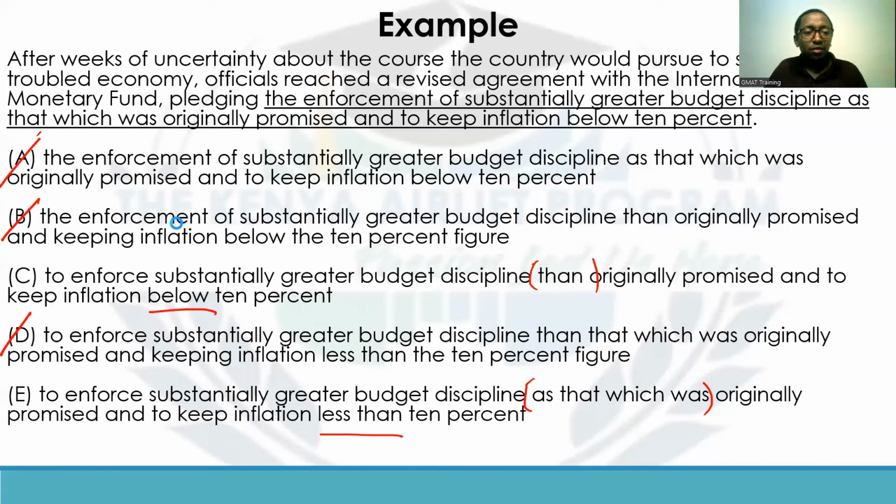So we could argue over below versus less, but that's not as important as this other part, because as much as this is okay, it's less concise than this one. There's no real reason for using this wording, which makes the construction itself weird as compared to this. So for that simple reason, because C is more concise than E, you can eliminate E and pick C as your answer.